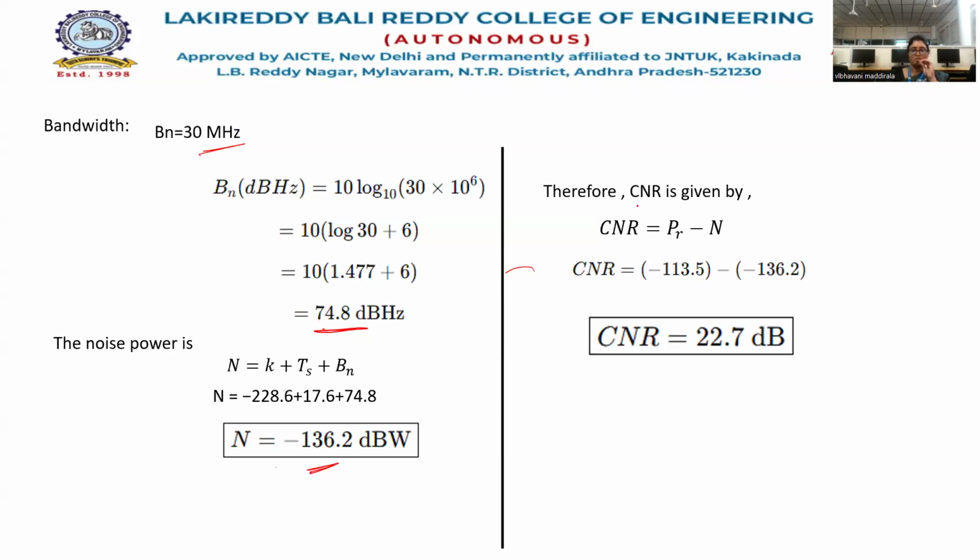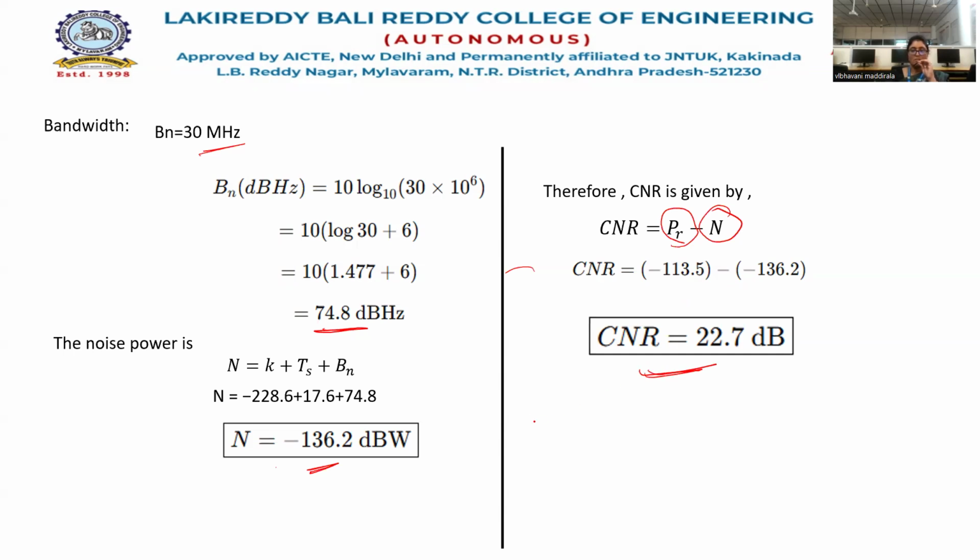Therefore, the carrier to noise ratio is given by CNR is equal to PR minus N, that is signal power minus noise power. The signal power and noise power are already obtained, so CNR is equal to 22.7 dB.